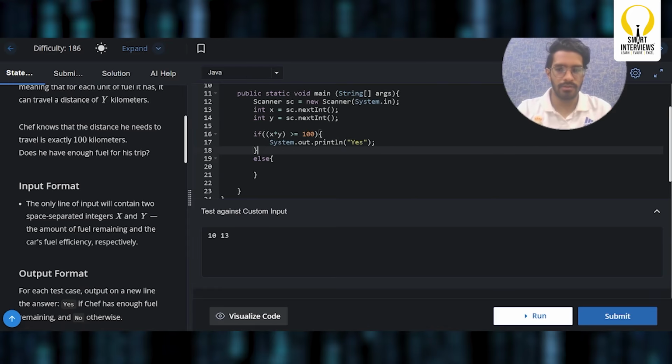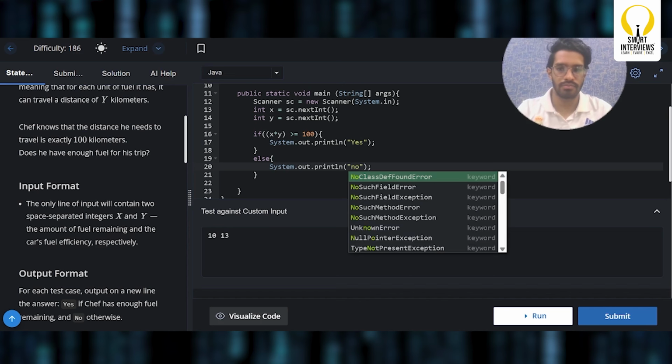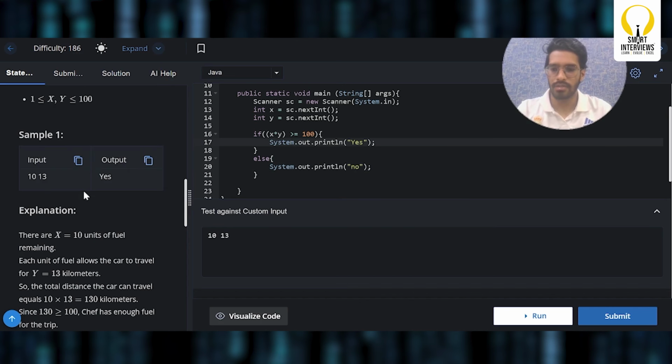Coming down to the else part, when you don't have enough kilometers, obviously according to the problem statement, you have to print no. Did we miss anything?